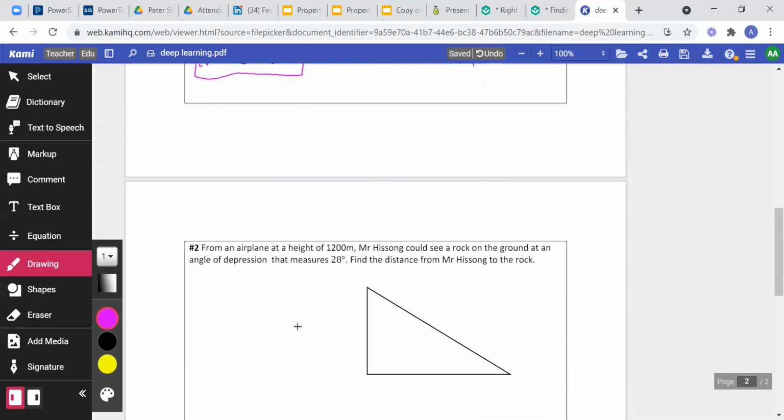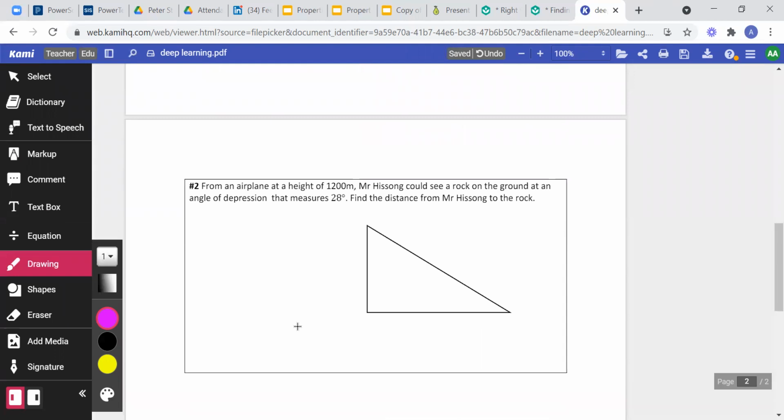The next problem: from the airplane being here, you draw the horizontal line to it, and then the angle of depression here is 28 degrees.